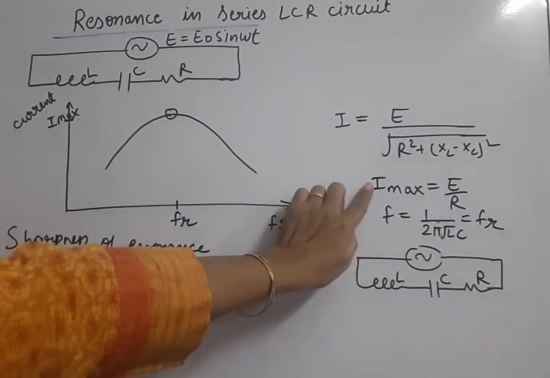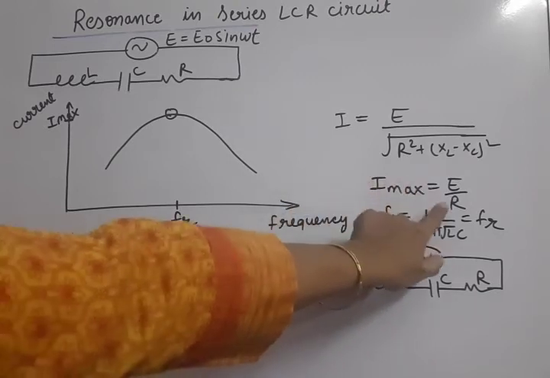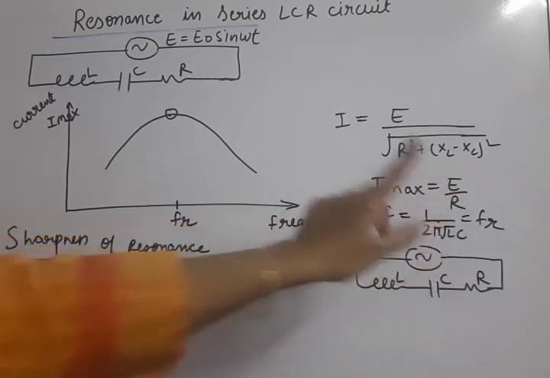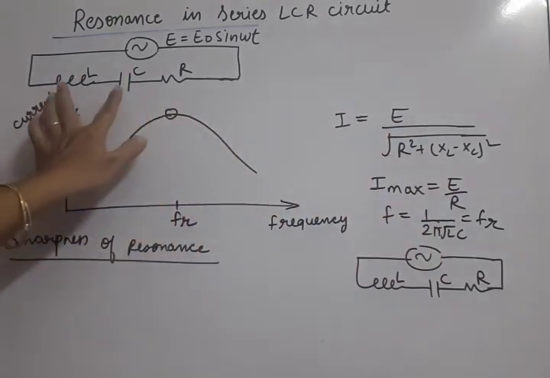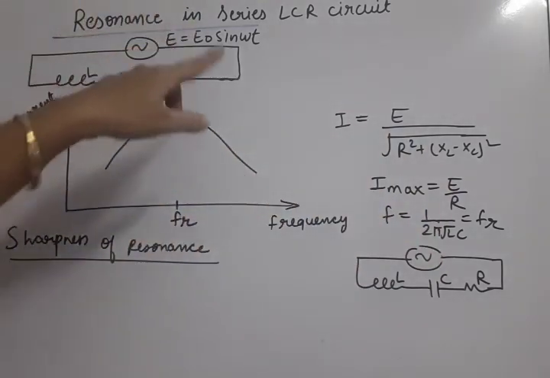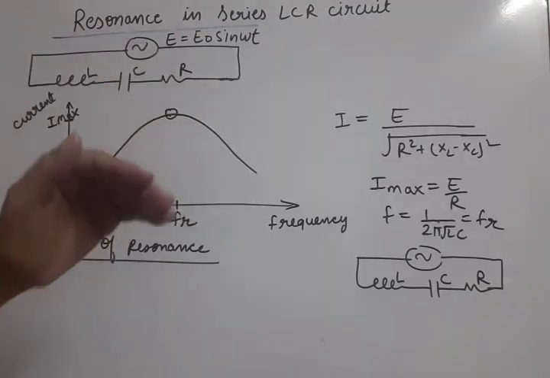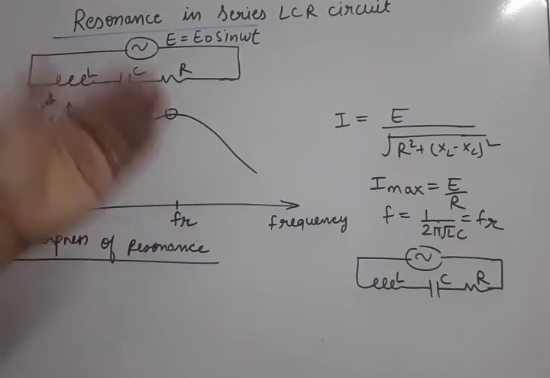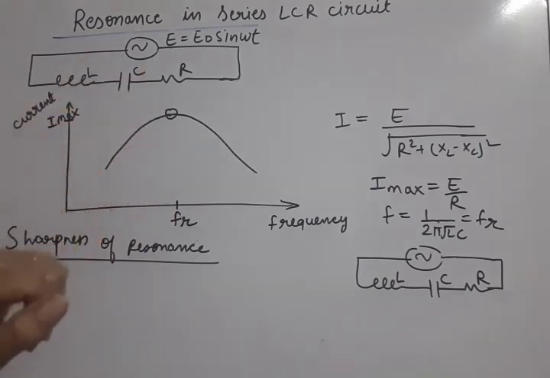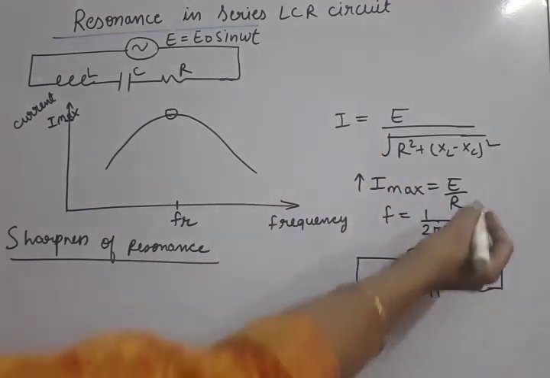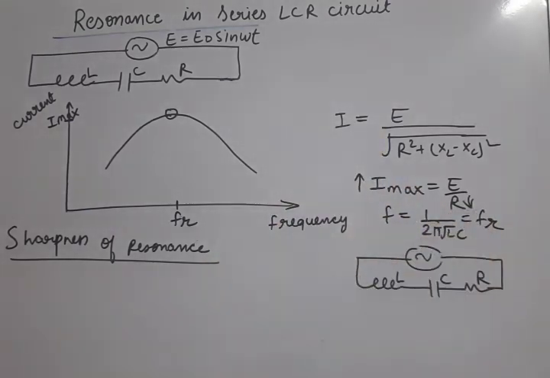So you must have noticed that maximum current depends only on R. That means if I am interested in increasing the maximum current further, how can it be achieved? You can see I max can be further increased if we reduce the resistance.